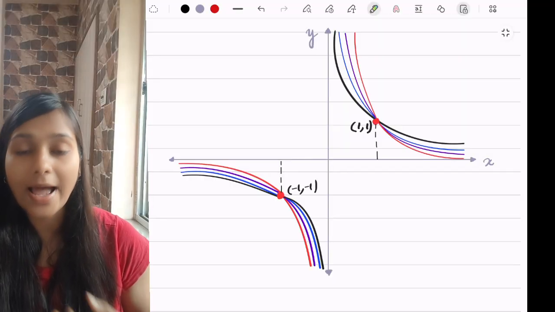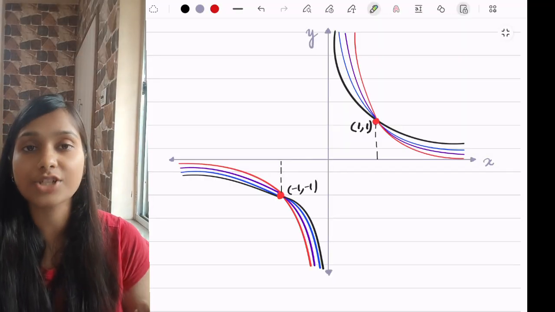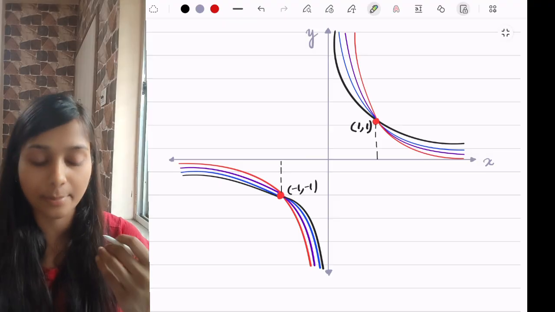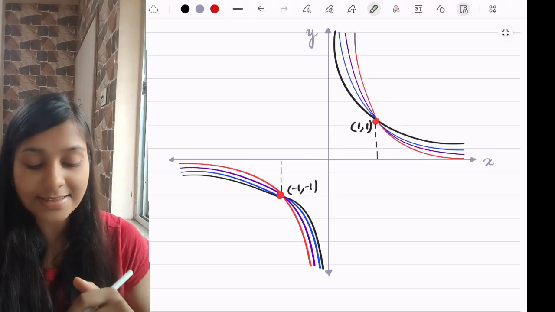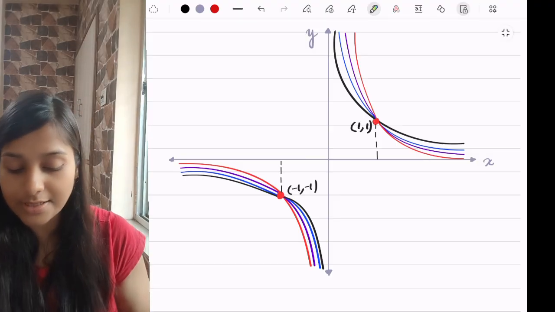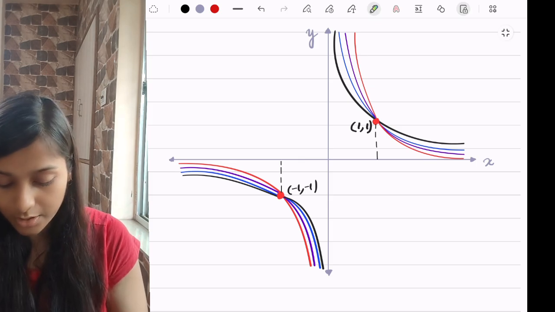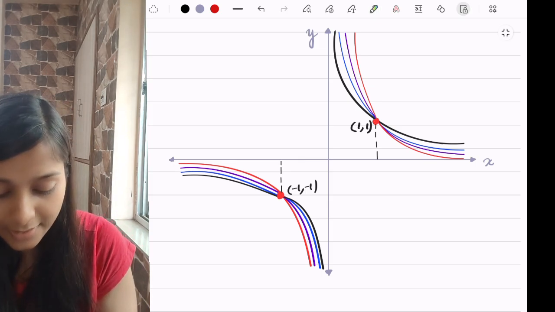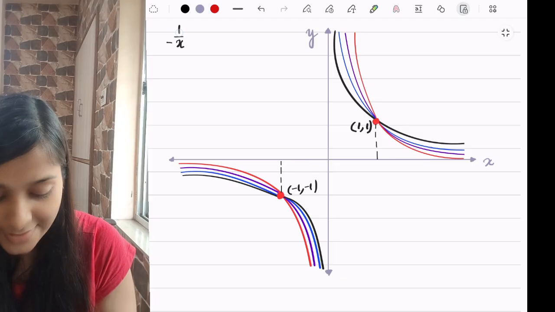As I have already mentioned, please check out my video on y equals 1 by x. There we can see this black curve, let me write it down. The black curve is the 1 by x curve.